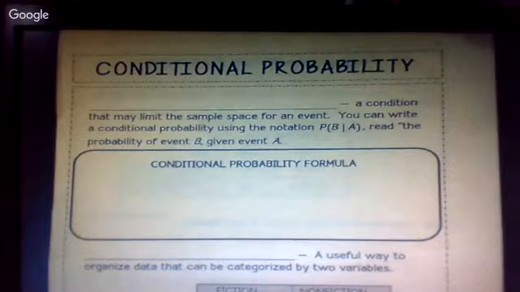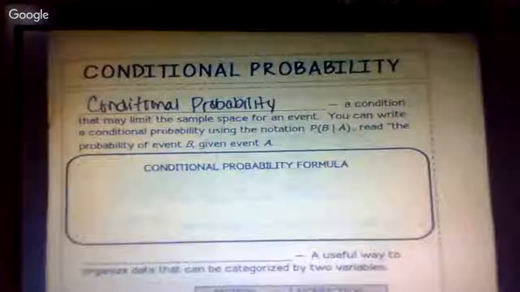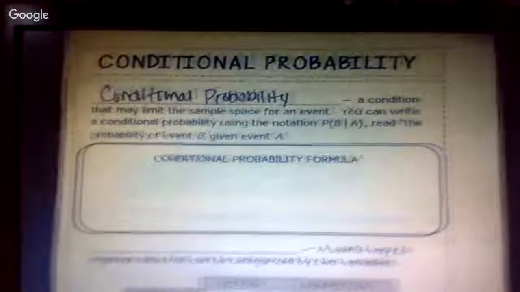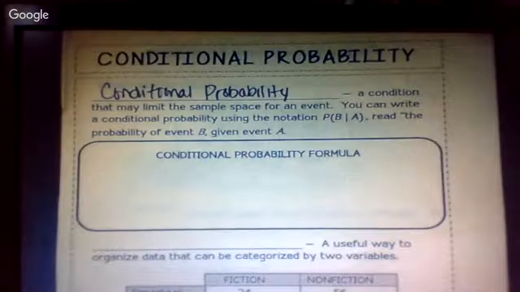All right. So this first blank, conditional probability, which is a condition that may limit the sample space of an event. Okay, think about it.